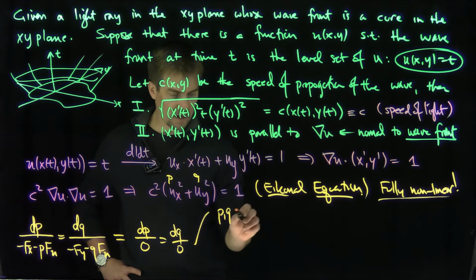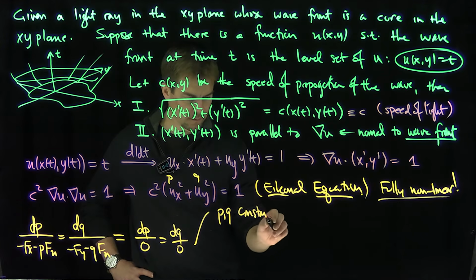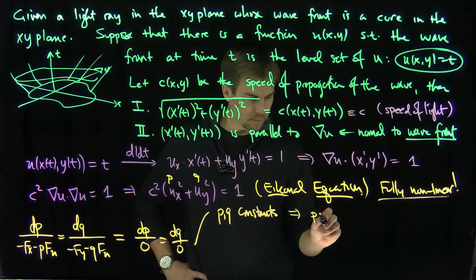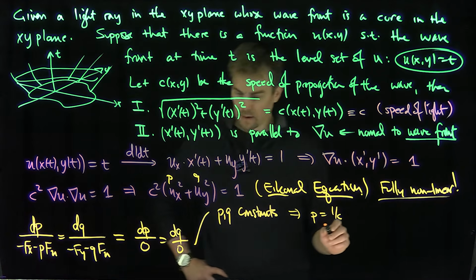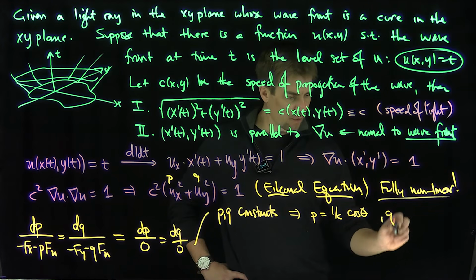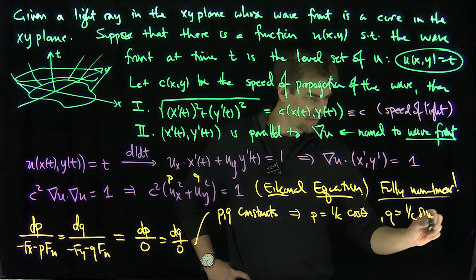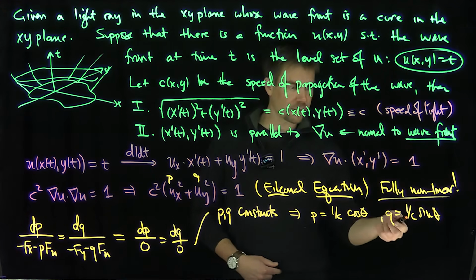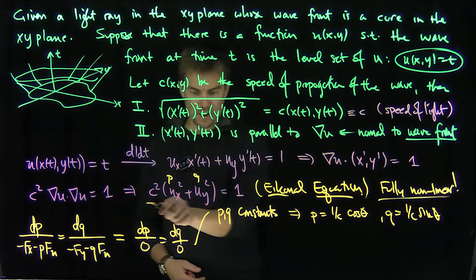And this implies that p is going to be 1 over c times cosine of theta for some theta, and q is going to be 1 over c sine of theta, because now p squared plus q squared is going to be cosine squared plus sine squared times 1 over c squared, and that satisfies the equation over here.